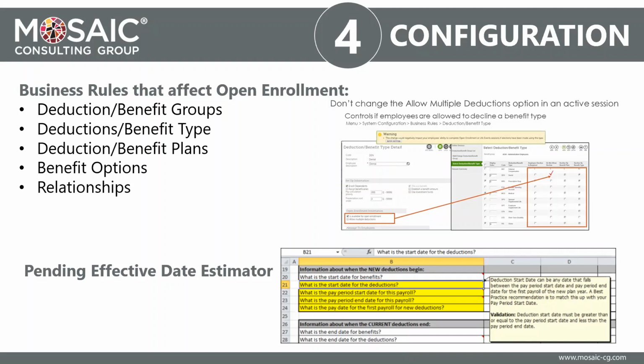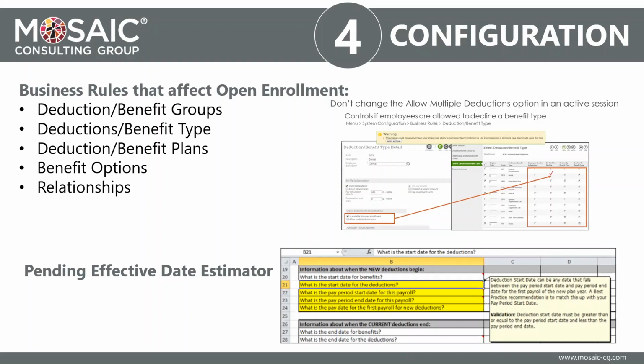I just have a little snippet of it on the webinar, but there are multiple tabs on the estimator that you'll need to look at. You want to look at the detailed results tab and make sure you see all green cells on that tab, so deductions will start and stop at the right time. If any cell turns red, it's an indication that a common effective date cannot be used for all of your deduction groups that you have on file.